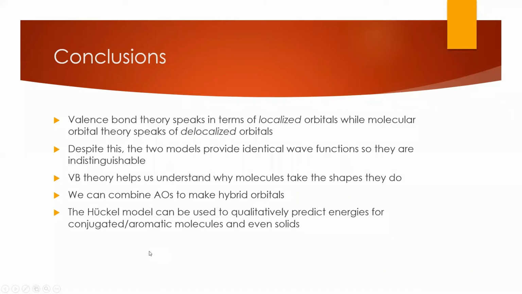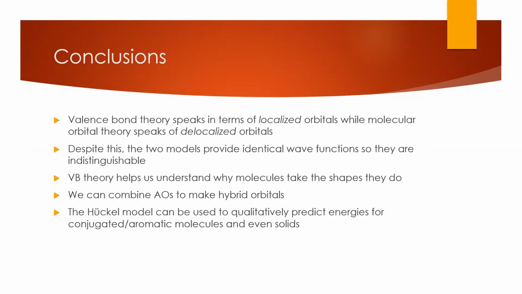So that's all that I want to talk about here in this lecture. I'll conclude for the past 3 lectures on what we've been talking about. We've been comparing and contrasting valence bond theory, hybridization theory, which are localized bonding orbitals, with molecular orbitals that we've talked about as well, which are delocalized models.